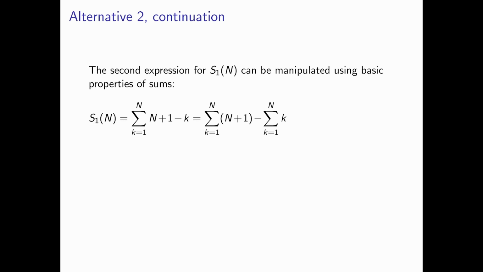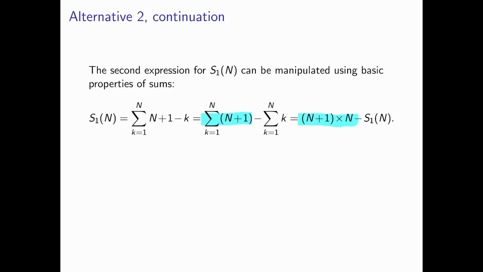But both of these sums that we have split up our original sum into are easy to rewrite. So the first sum here is just equal to n plus 1 times n, because n plus 1, which we try to sum, is just constant here. So we just got n copies of that number, and the sum of these is just n plus 1 times n.